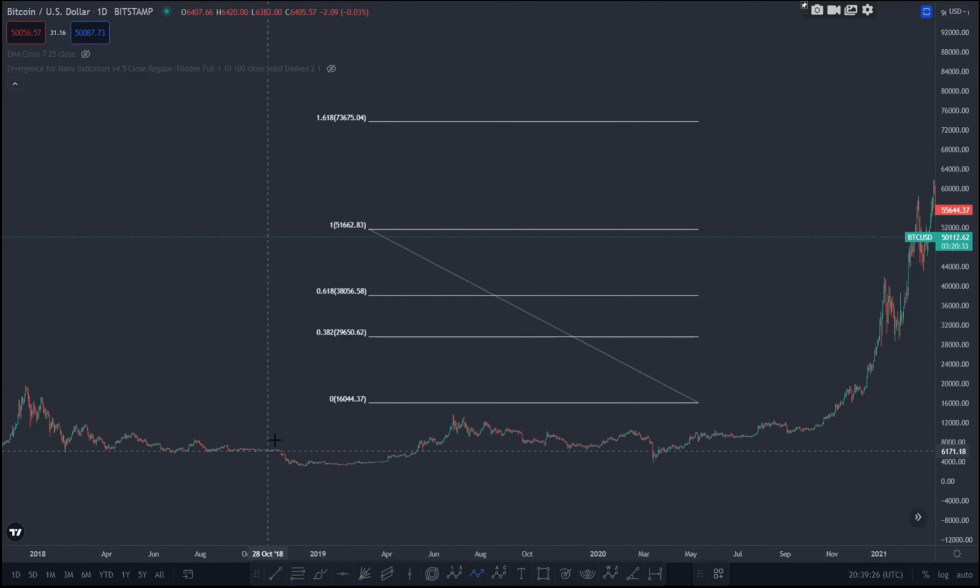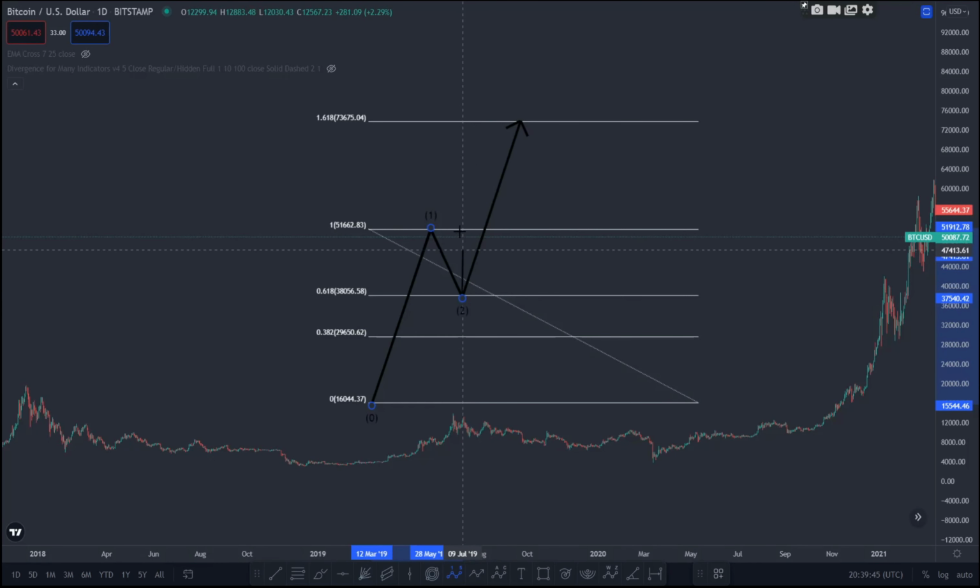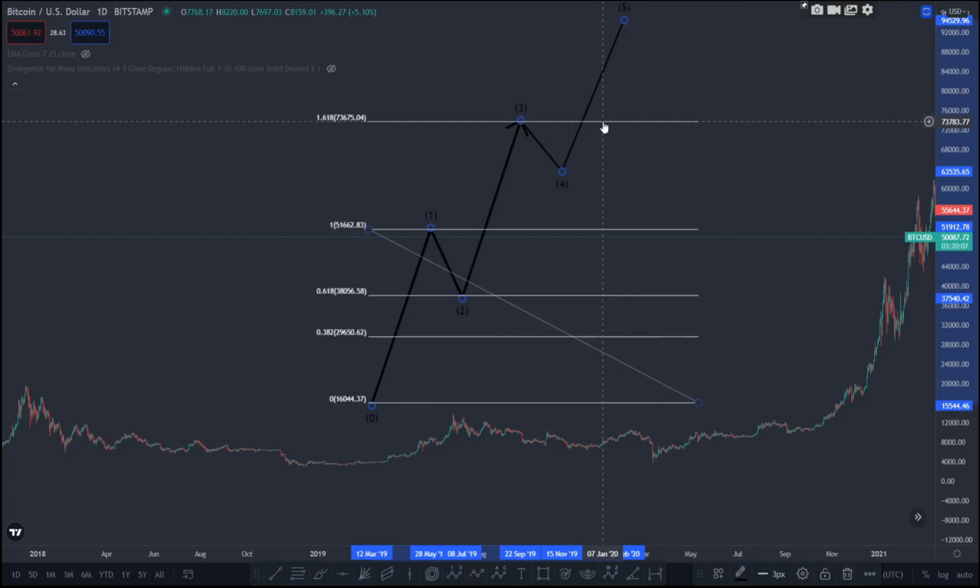A typical Elliott wave would be something like this, from 0 to 1, back to the golden ratio, and then up to the 1.6. So this would be wave 1, wave 2, wave 3, and wave 4 is another correction wave, and wave 5 is another impulse wave.